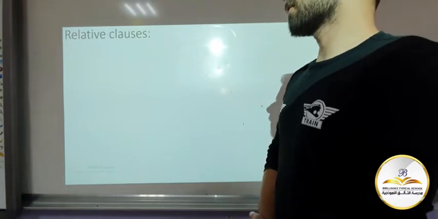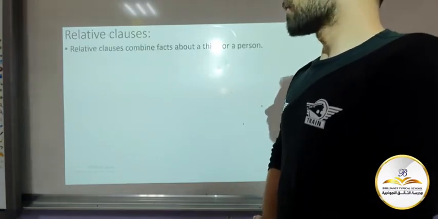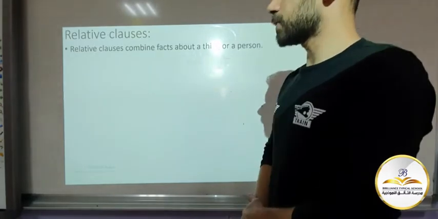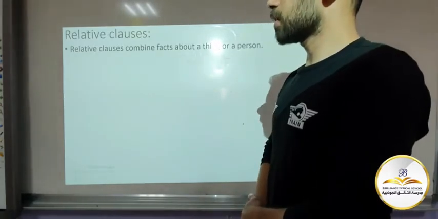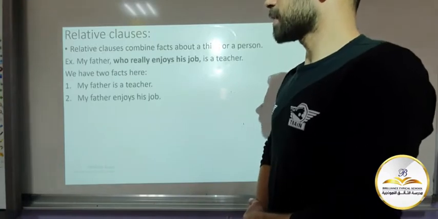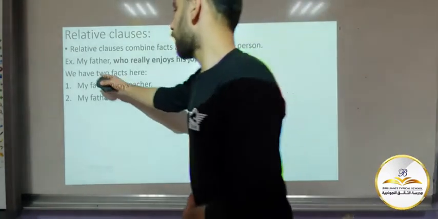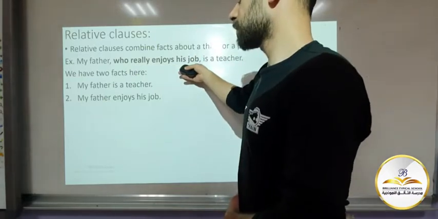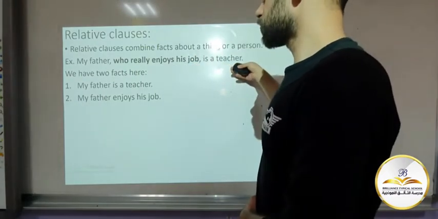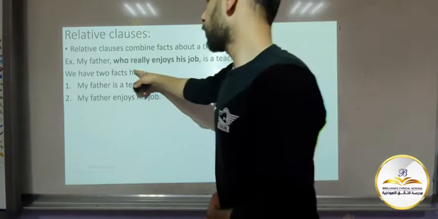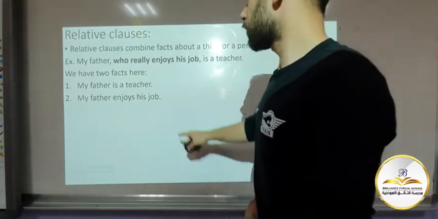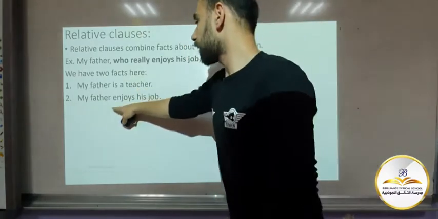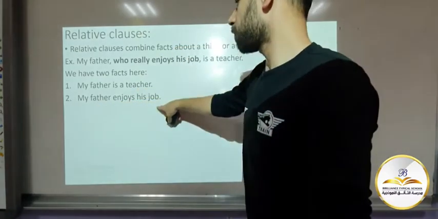What are relative clauses? Relative clauses combine facts about a thing or a person. In what way? Let's see. We have: my father, who really enjoys his job, is a teacher. Here we have two facts. The first one, my father is a teacher, and the next one, my father enjoys his job.